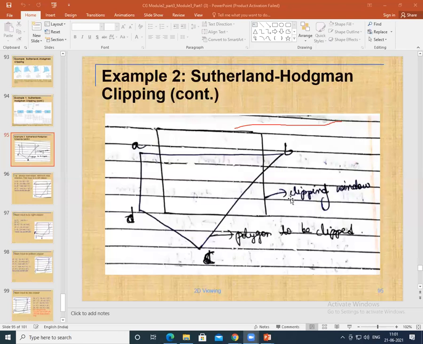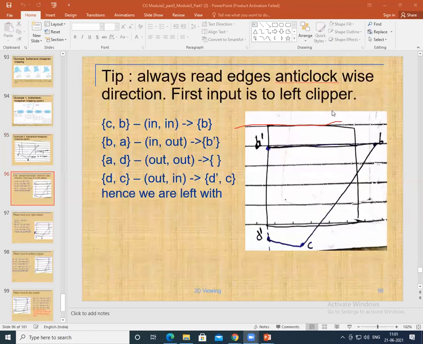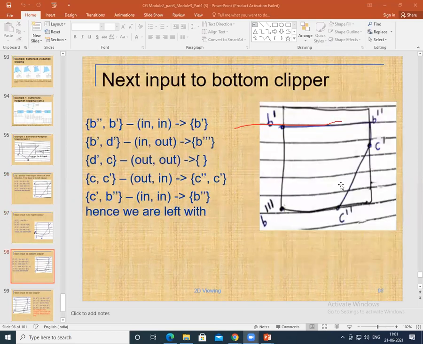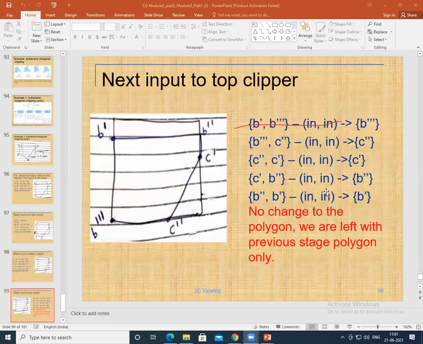We have analyzed this anticlockwise with respect to the edges. We have a left clipper, a right clipper, a bottom clipper, and finally we need to clip with the top clipper. So how do you do it with the top clipper? Let us see. This is the top clipper.